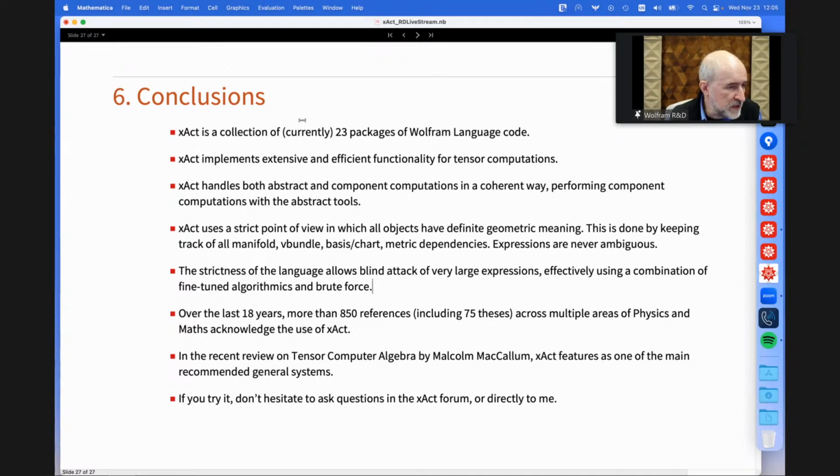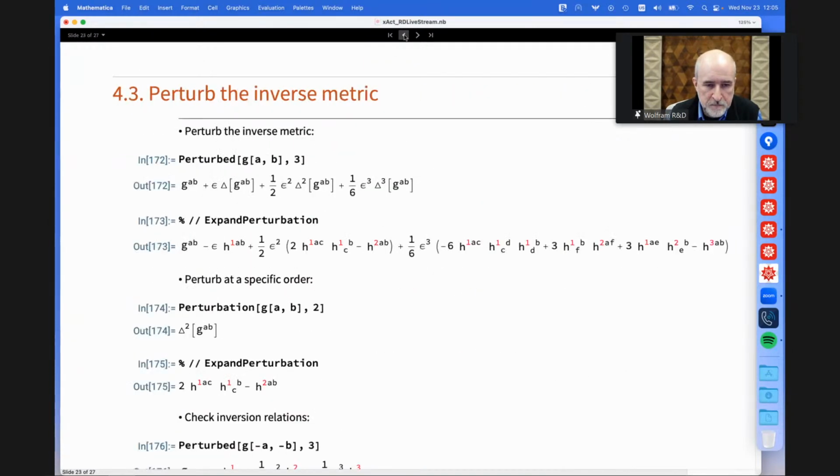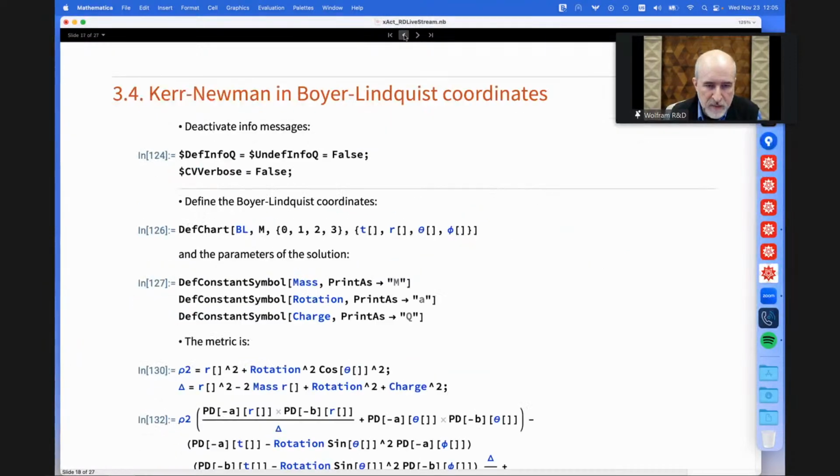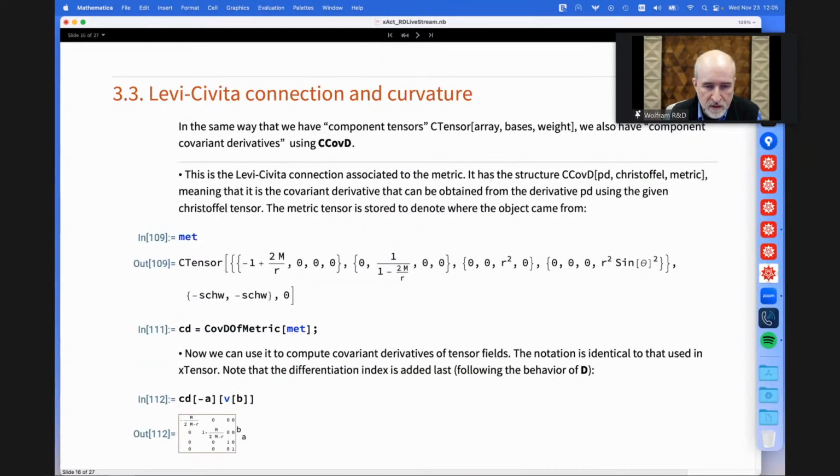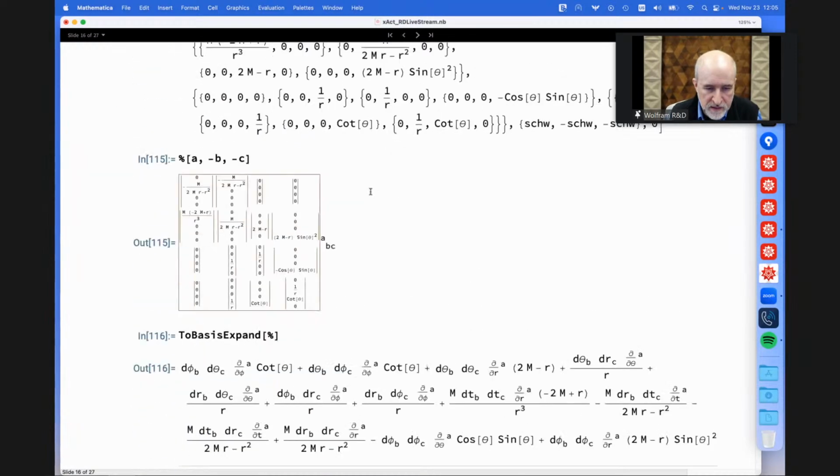So I have this question here from Harry about how would we get the curvature scalar, but I don't understand what you mean. If you mean to get it, for example, from, say, the Kerr metric, yes, I think I should have it here somewhere.